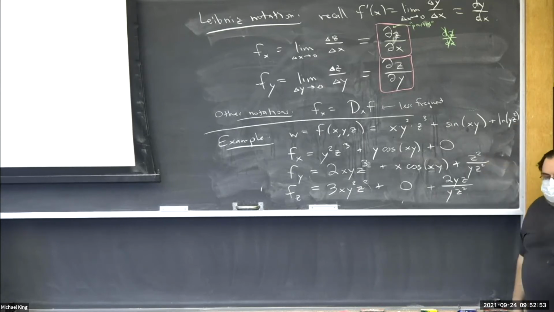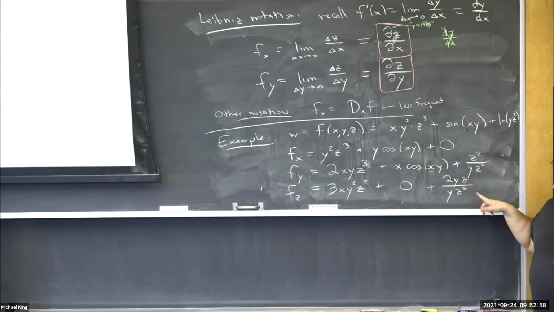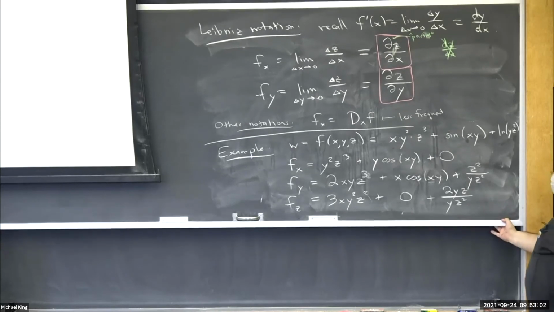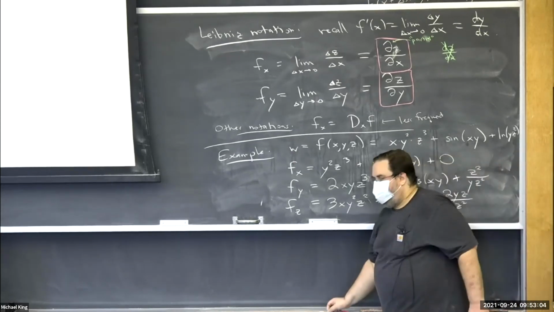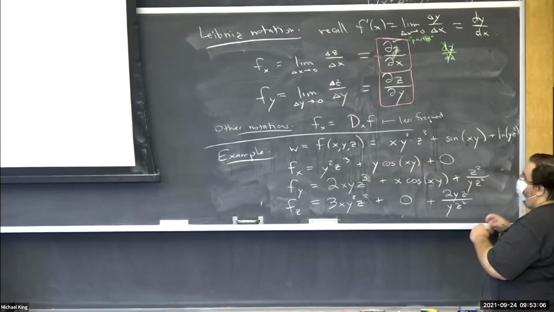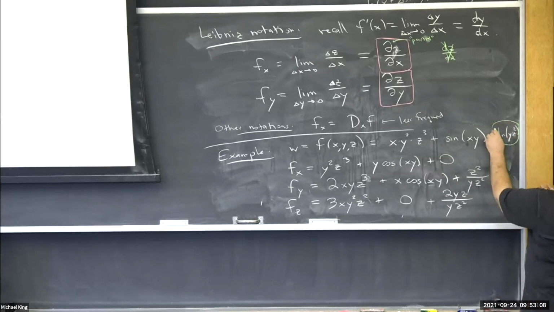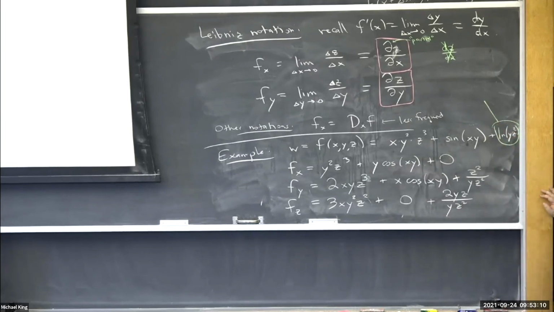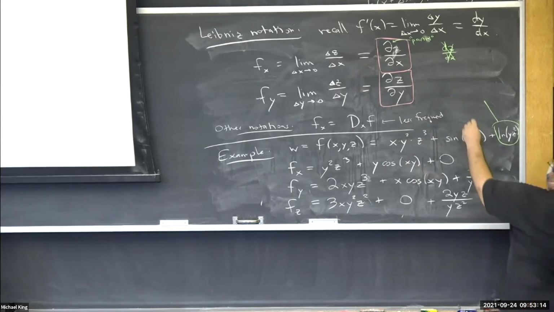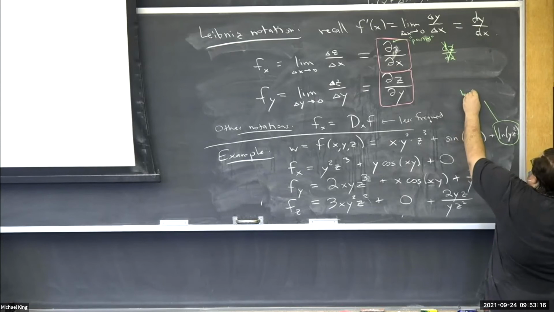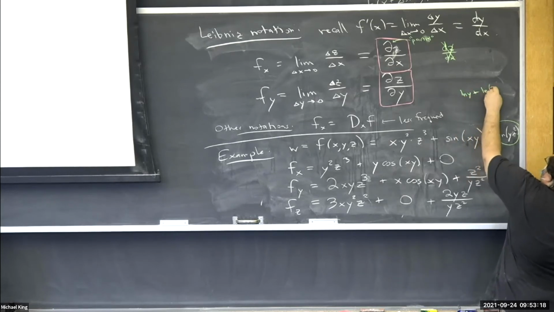Now, there's a little bit of a trick why the z didn't matter here and the y doesn't matter here. I gave this kind of on purpose. You remember any fancy log rules? What's the log of a product? So this is actually ln of y plus ln of z squared.